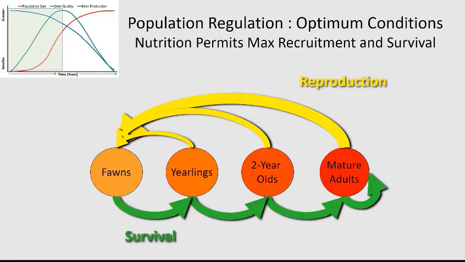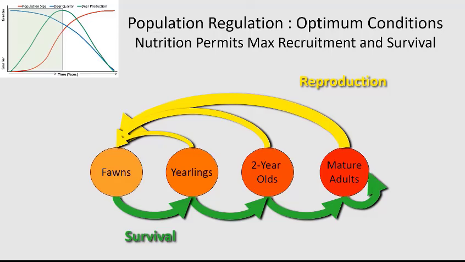This is a fairly complicated representation of age-specific reproduction and survival focused on the female side of a population, and it helps us understand kind of schematically what's happening in a deer population relative to these two main drivers of population growth: relative reproduction and relative survival.